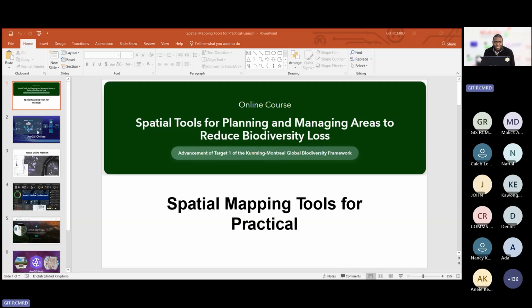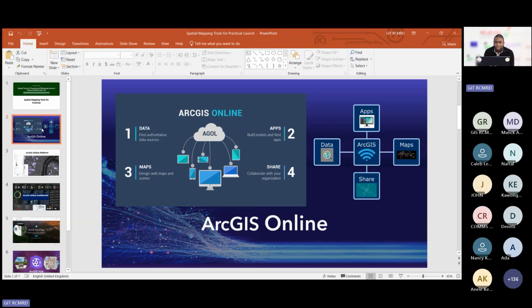So the first tool which I want to mention is ArcGIS Online, which is called AGOL. The ArcGIS Online is the main platform of ArcGIS data sharing. It allows you to work with your data. So you can go there and either import data from outside sources, data that is hosted on other platforms.